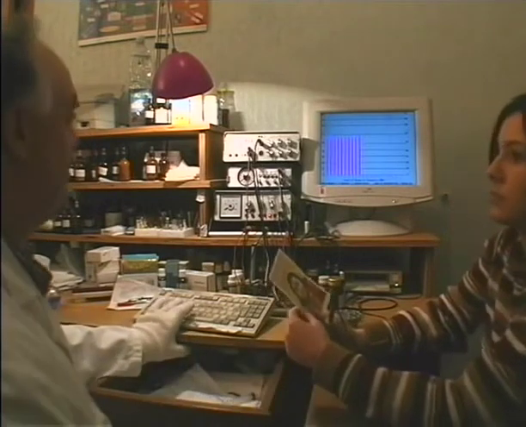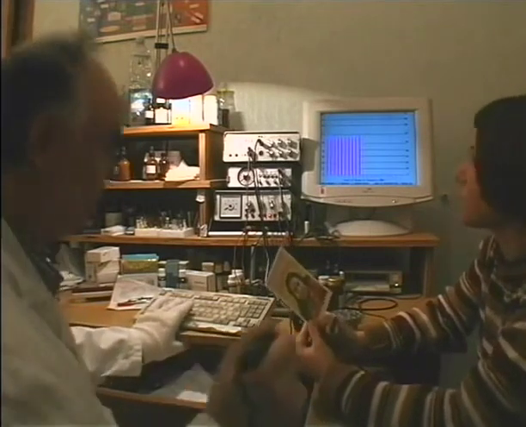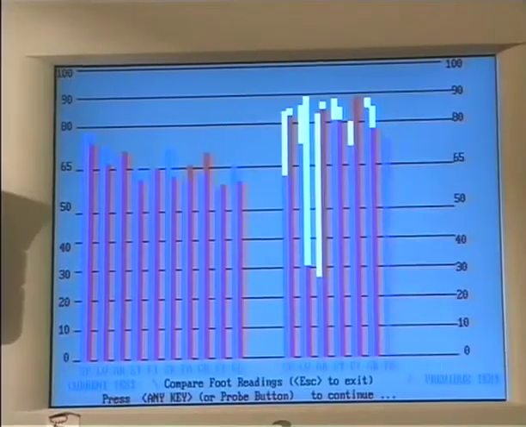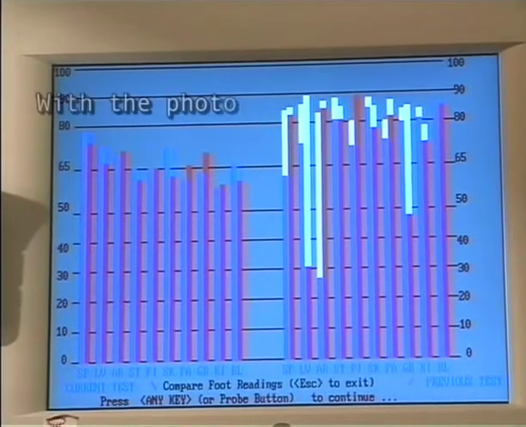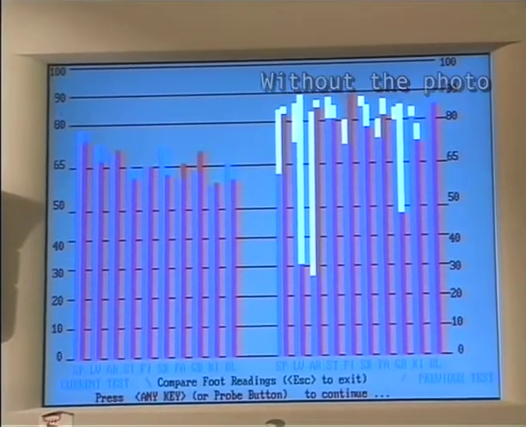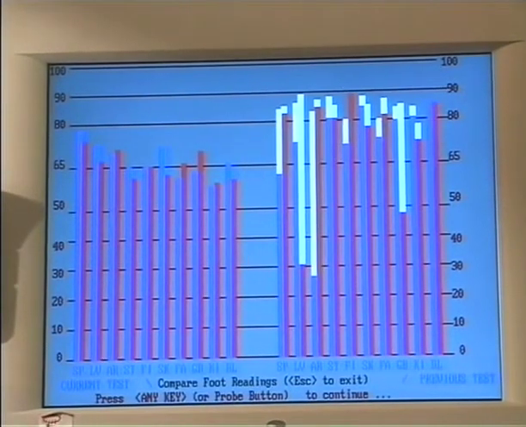Yes, it really is incredible. I don't know what's happening, but it would take 6 months of treatment to get to this stage. This is the difference between the two tests. This one on the left with the photo and this one without the photo of the hands and the feet. It's really incredible. Something has modified the state of her energy levels.